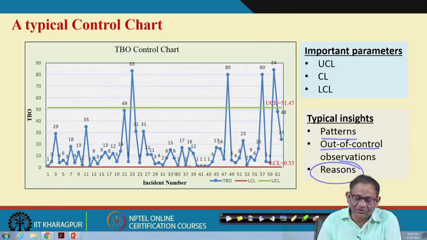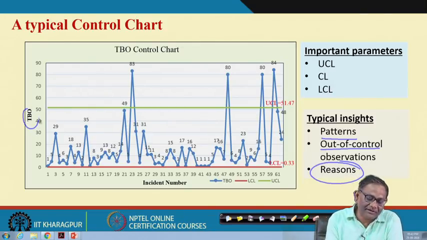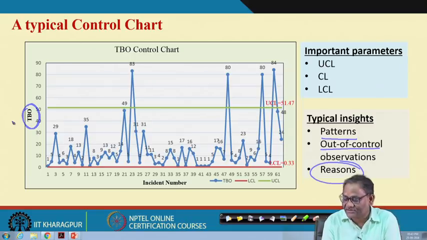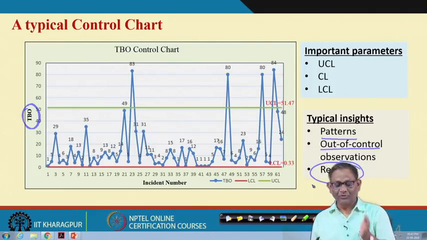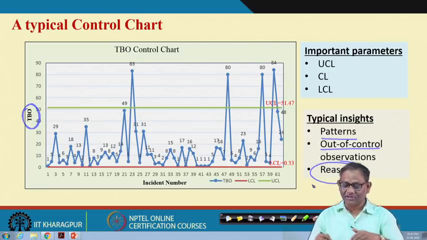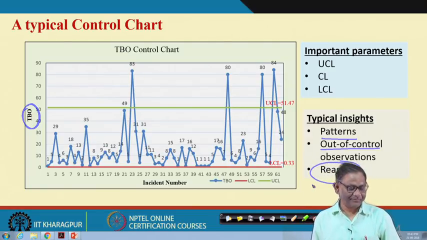First you have to design this control chart: find out UCL, LCL and CL for the particular variable of interest, like here time between occurrences. Then you have to read this control chart: read the out of control observations or the patterns, find out the reasons, and address them properly so that this out of control situation will not occur.